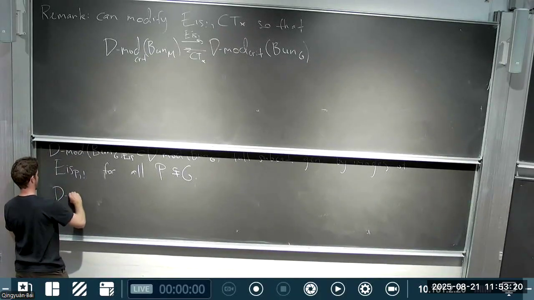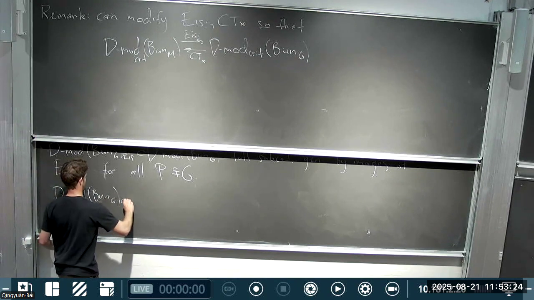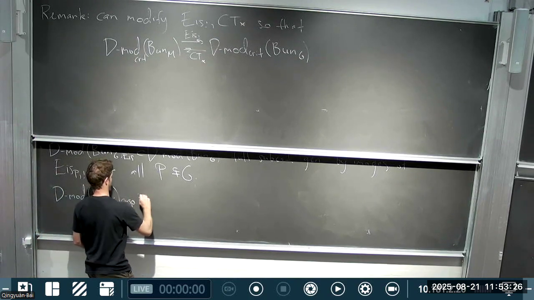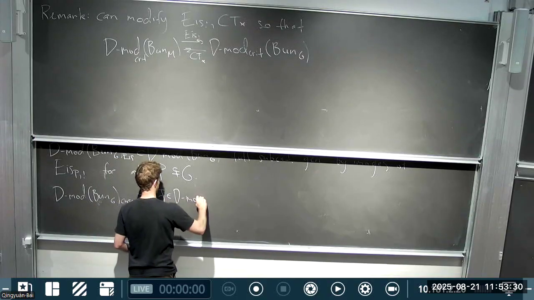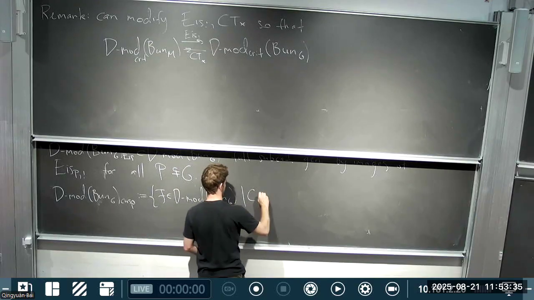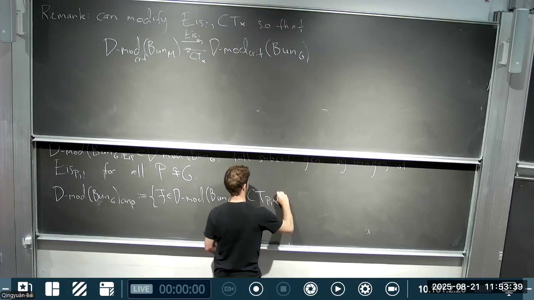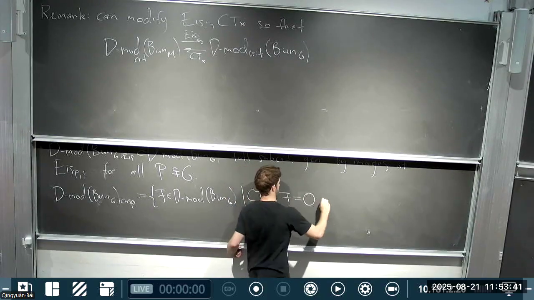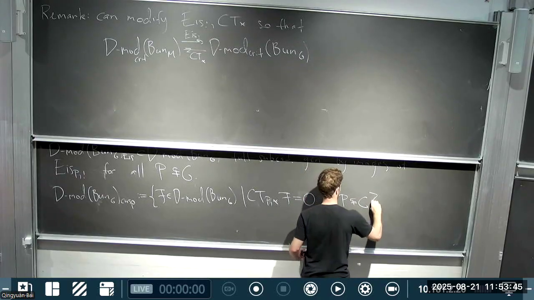Or another way of saying it is that it's those objects of D-mod(Bun_G) which are killed by the constant term functors for all proper parabolics. Okay.